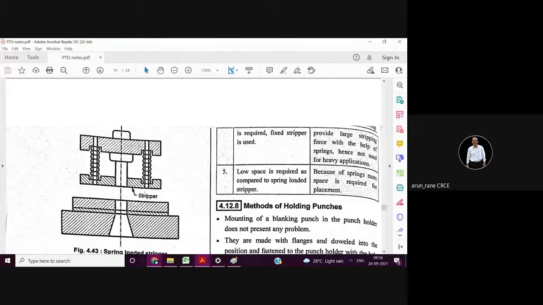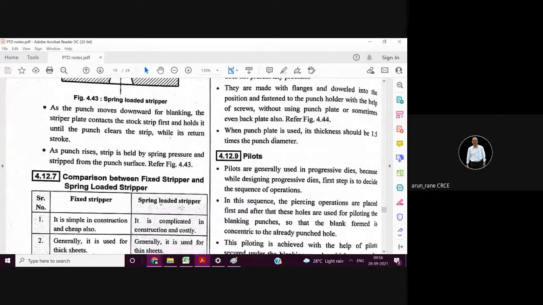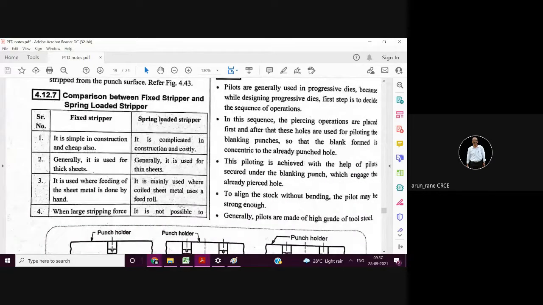The spring-loaded stripper will give full pressure, full contact to the stock or to the strip, complete area. These are the differences between fixed stripper and spring-loaded stripper.